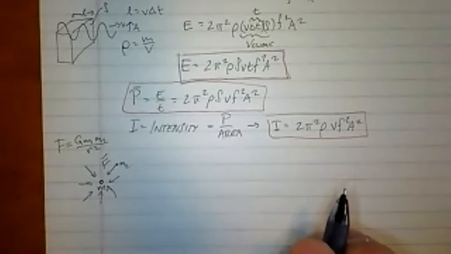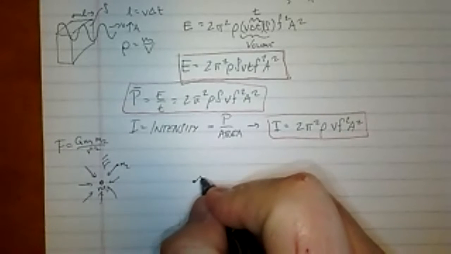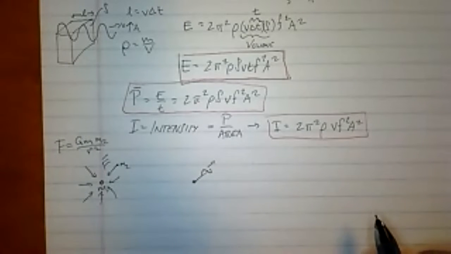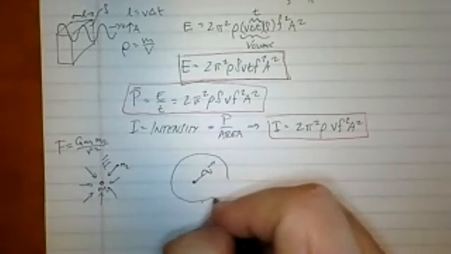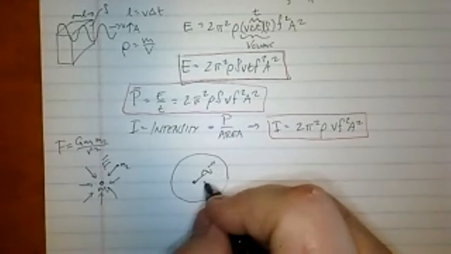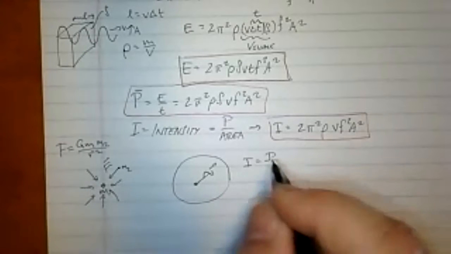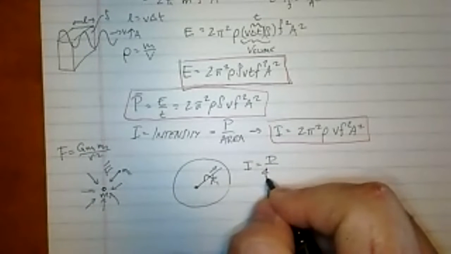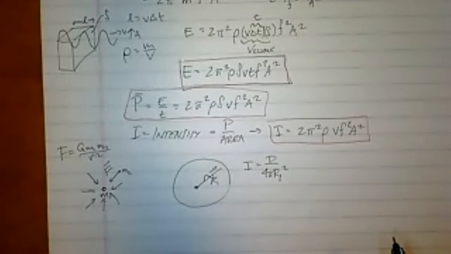So from that, you can see that if I have a wave traveling out this way, then when I get out to here, I might have an intensity equal to power divided by, let's say, 4 pi r1 squared.